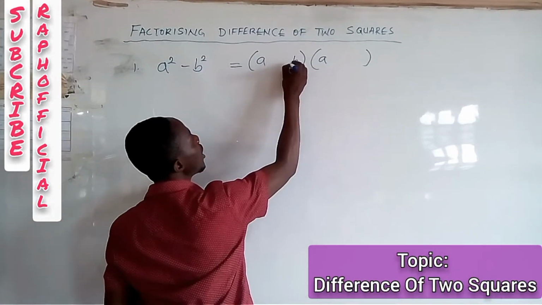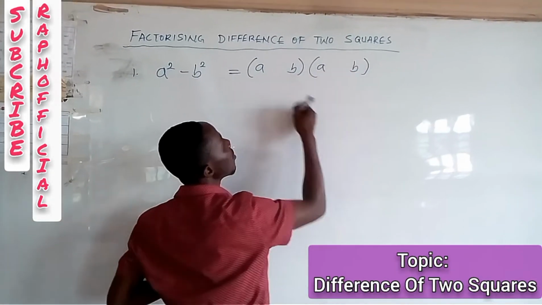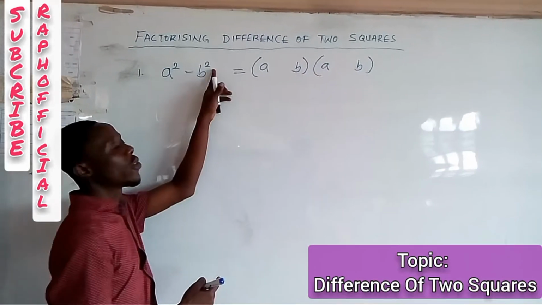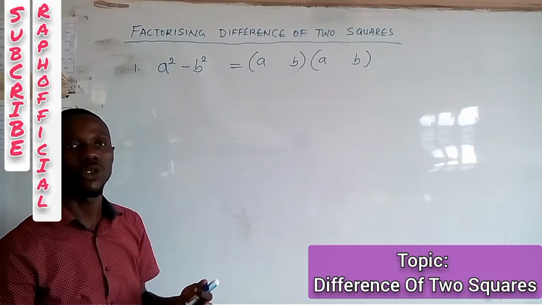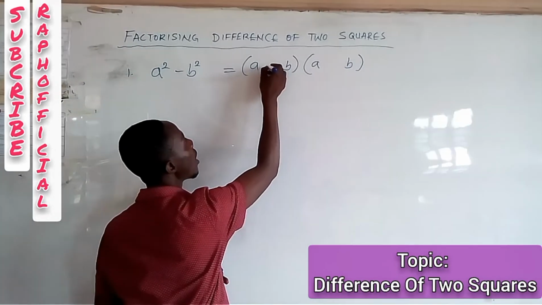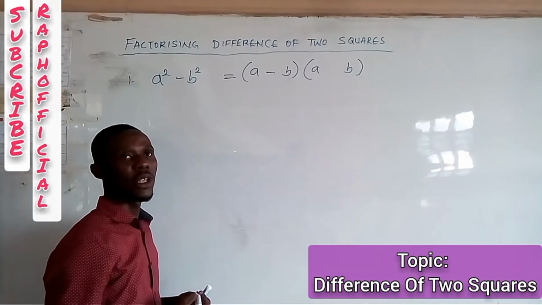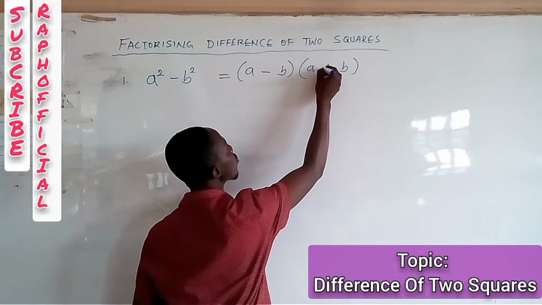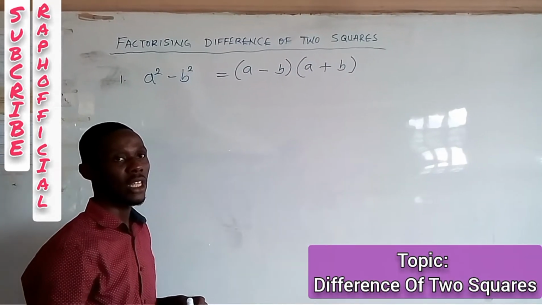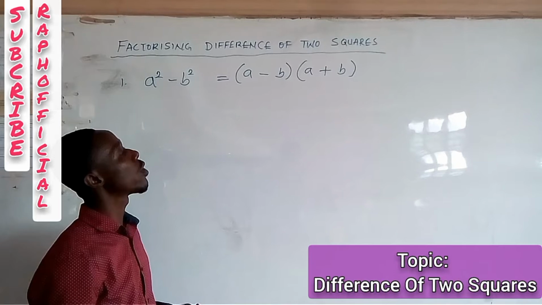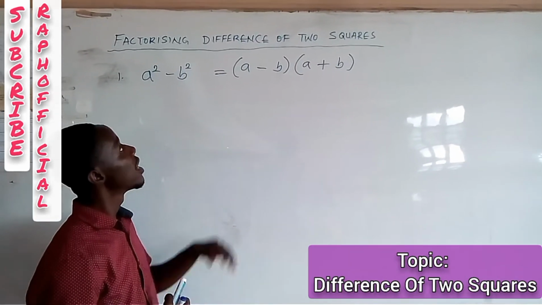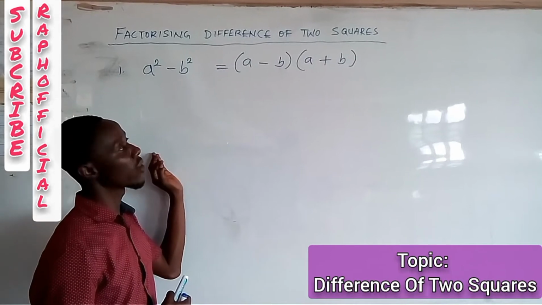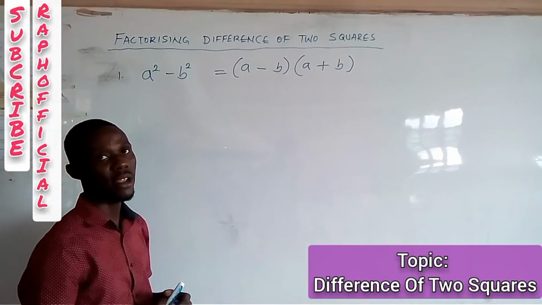So we have b times b, b squared. And the difference that exists between them, one is supposed to be negative and the other is supposed to be positive. So if we are asked to expand or factorize difference of two squares, this is how we expand it.